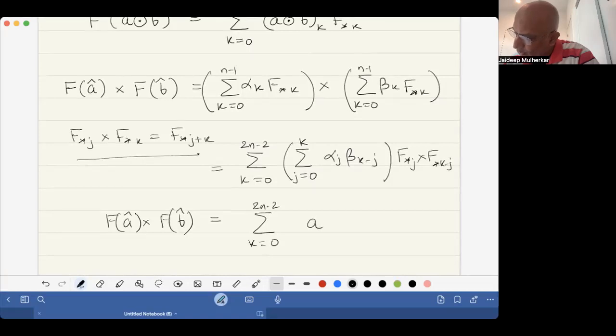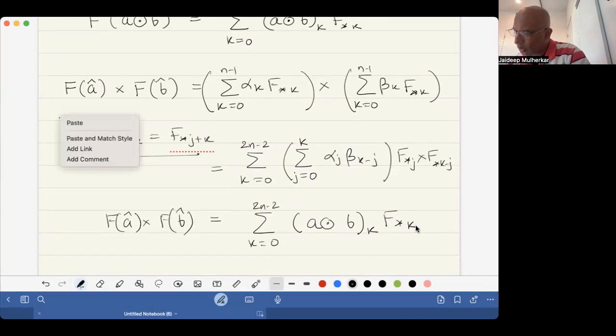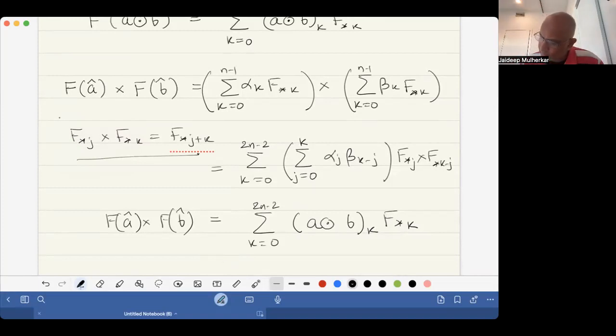And I can write this as the kth component of the convolution a convolution b times f star of k, which is also equal to f of a convolution b.